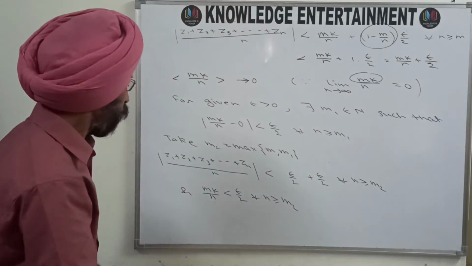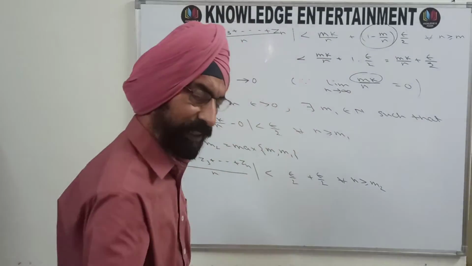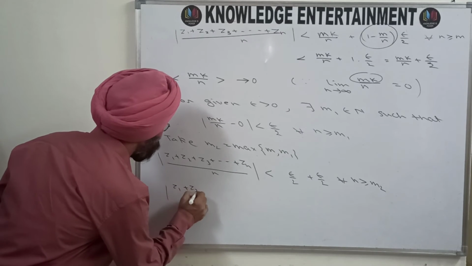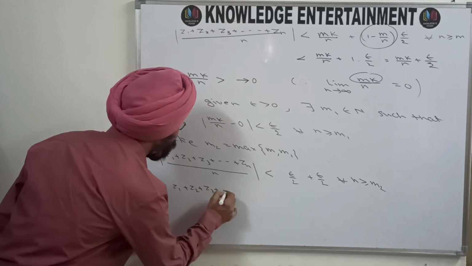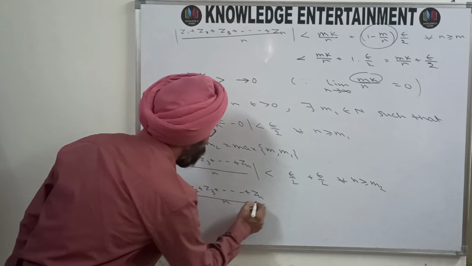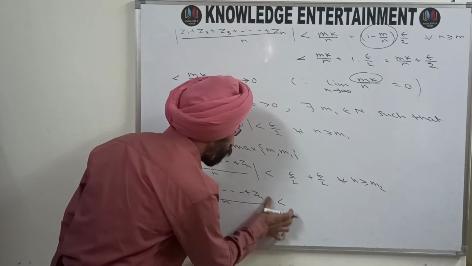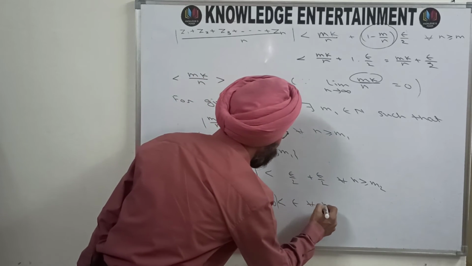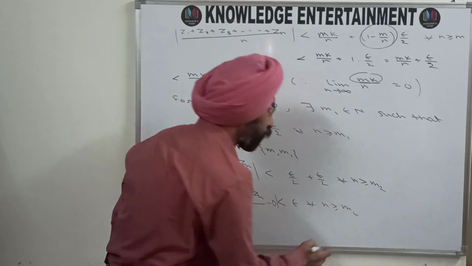So you can now write this result as mod of z1 plus z2 plus z3 plus and so on zn divided by n, or you can say minus 0 mod, is less than epsilon for every n greater than or equal to m2.